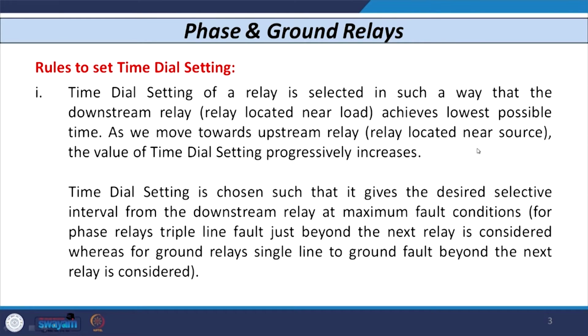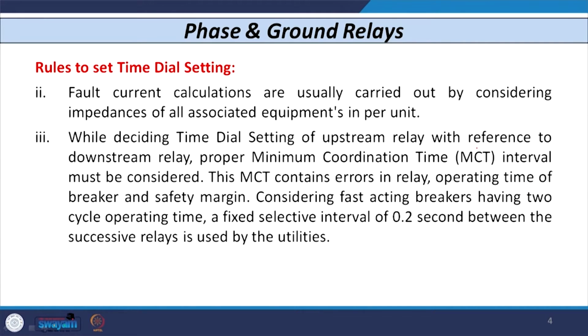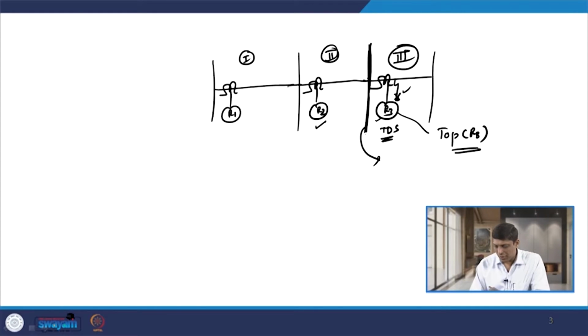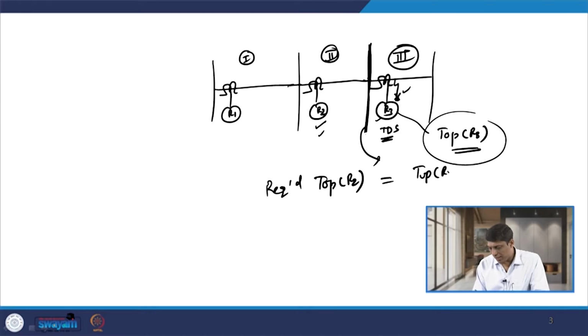So, when we decide the time dial setting of one relay with reference to another relay, we have to consider some margin. That margin is known as the minimum coordination margin MCT, or sometimes it is also known as CTI, coordination time interval. In the same example, when we consider the coordination of relays R2 and R3, we have to calculate the time of operation of relay R3, then the required time of operation of relay R2 has to be equal to the time of operation of relay R3 plus some minimum coordination time interval, CTI.